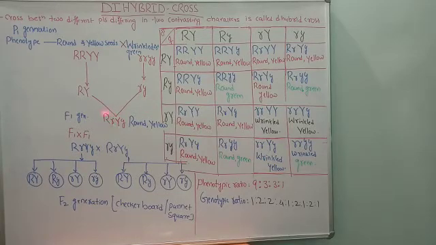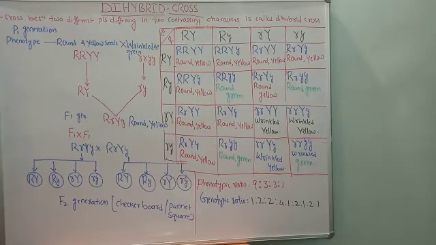This is a hybrid plant. Which characters are dominant here? Capital R is dominant, and capital Y is dominant. The dominant characters are expressed in the F1 generation, so the F1 hybrid plant is round and yellow.